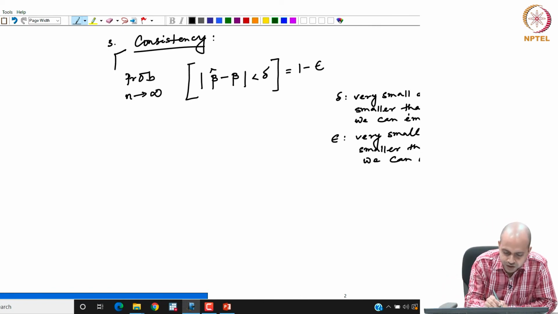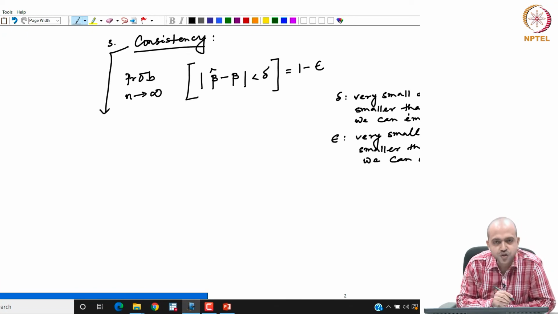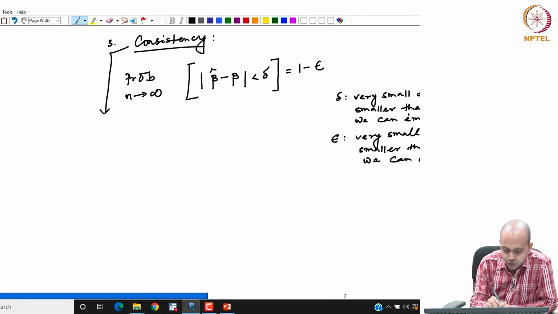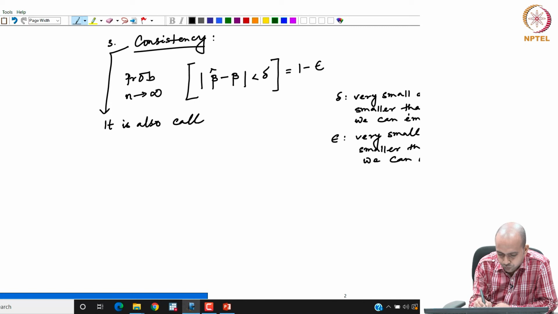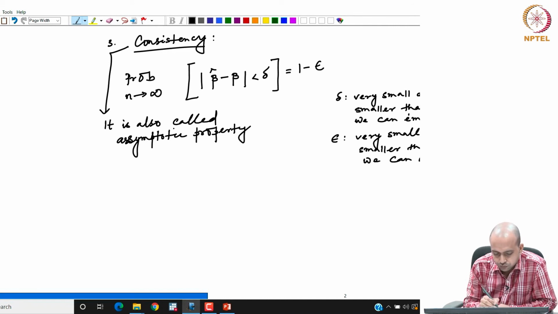So, that means for this consistency, while unbiasedness and efficiency you can ensure in a small sample also, the consistency property, which is also called an asymptotic property, is satisfied only in large sample.